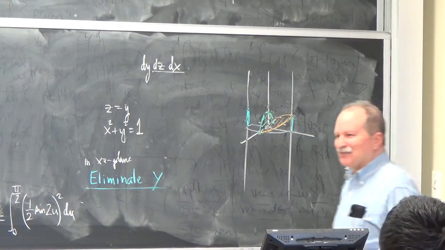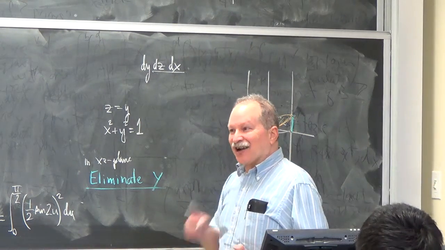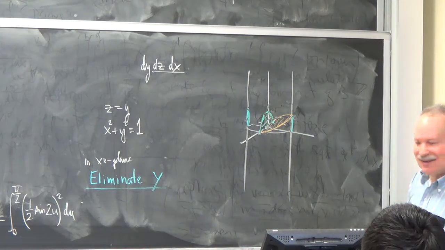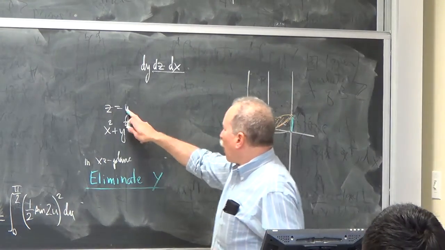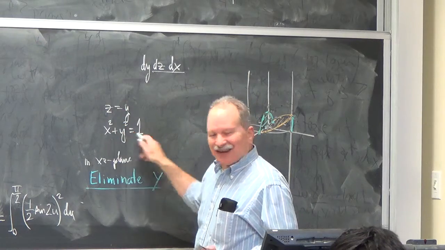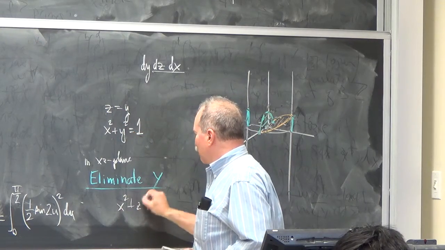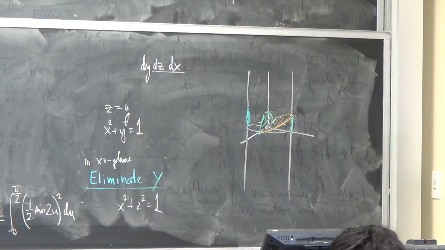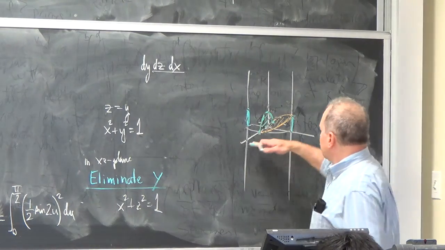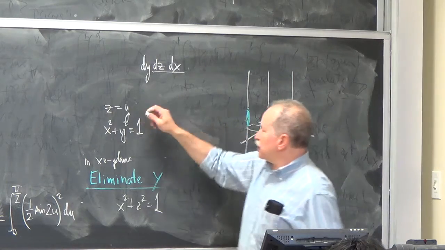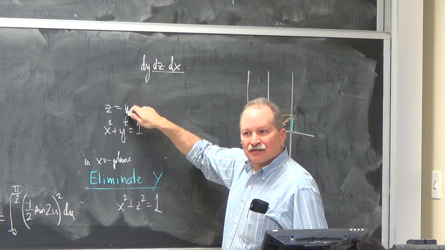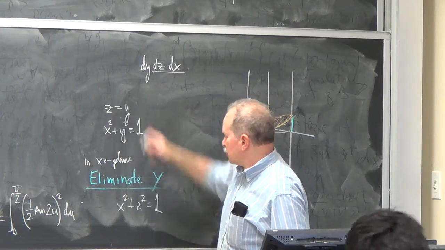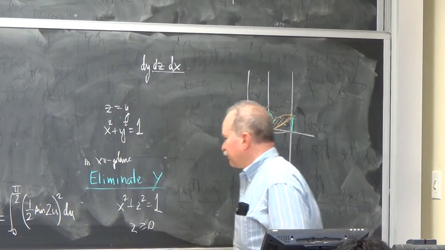The math word for that is eliminate y. So what do we get for the equation? Well, y becomes z, and you get x squared plus z squared equals 1, and Reese wins. Of course, you've still only got z greater than or equal to 0, so you're still going to have a semicircle.